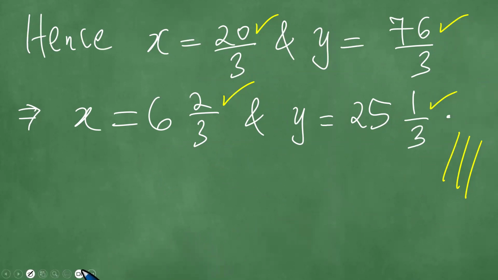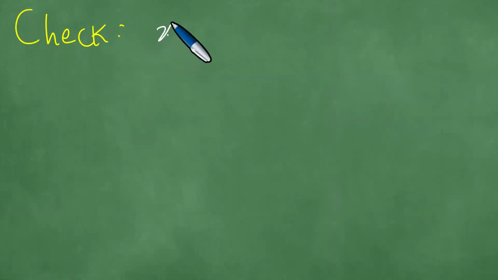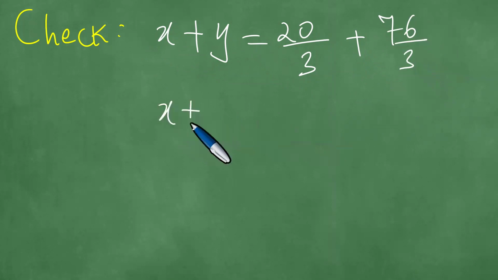We need to perform a quick check of these particular numbers. Let us find the sum of these two numbers. So we find x plus y, which is 20 out of 3 plus 76 out of 3. What is 20 plus 76?